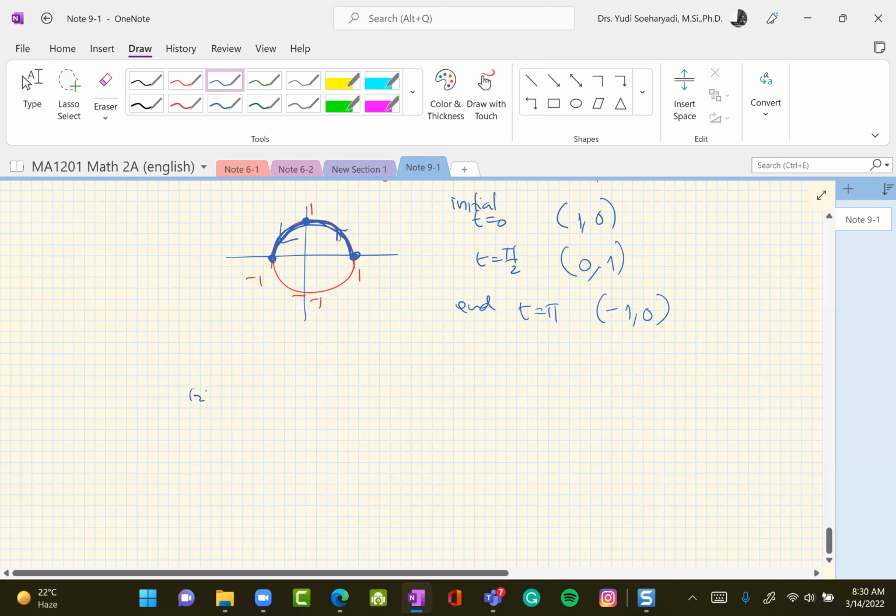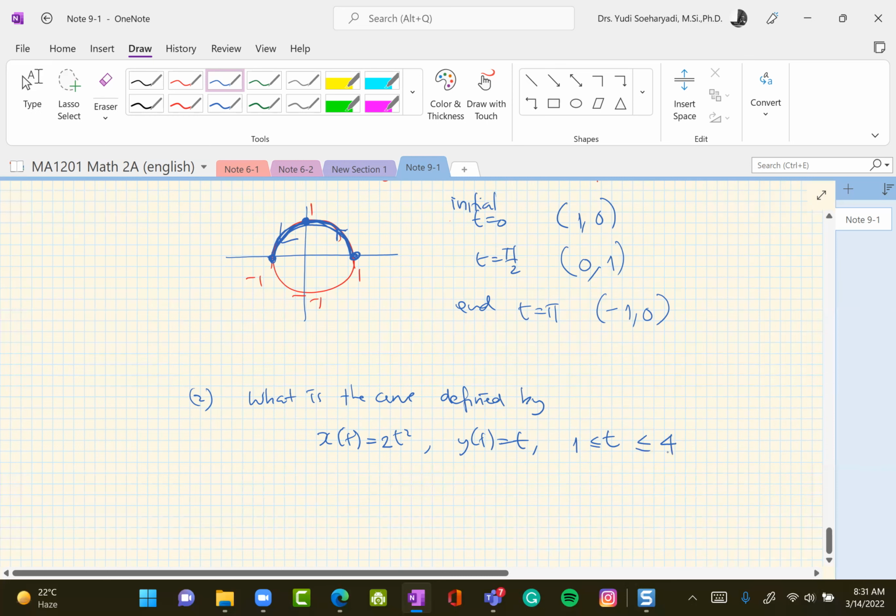Okay, and two. Follow this one here. Same question again: what is the curve defined by x equals t squared, y is just t, t from 1 to, say, 4?